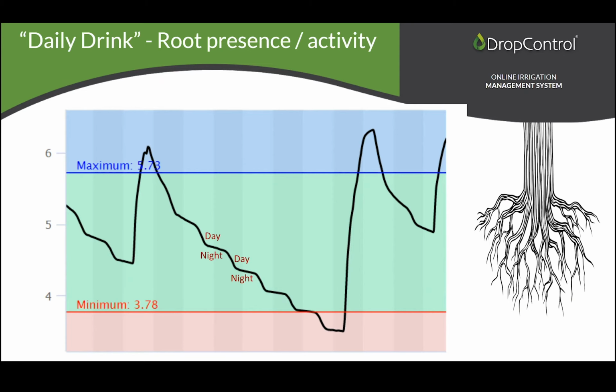We see that there's root presence. We can see how deep the roots are and how active the roots are. We can see how deep my roots are drinking water based on which of the sensors are presenting daily drink or root activity. So we can clearly see irrigation events, root presence, and root activity or water consumption.